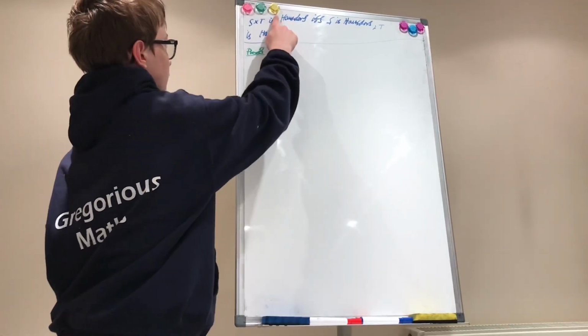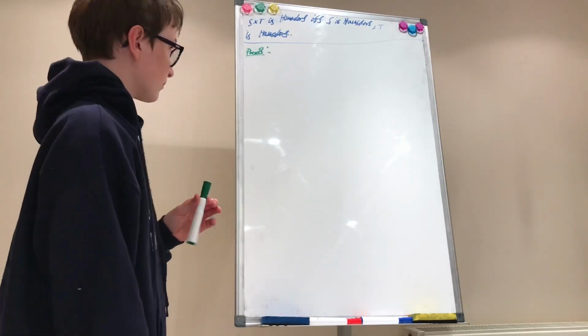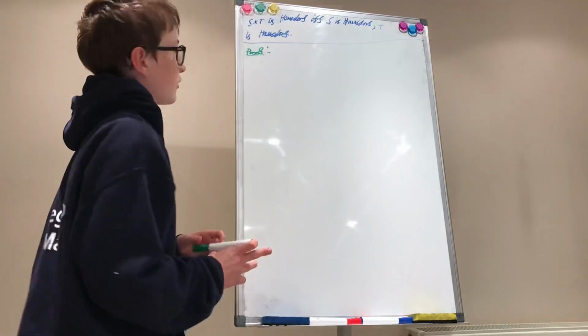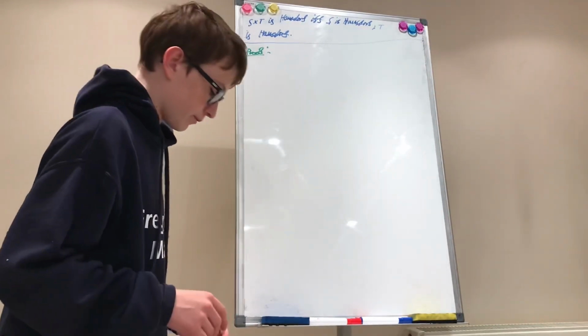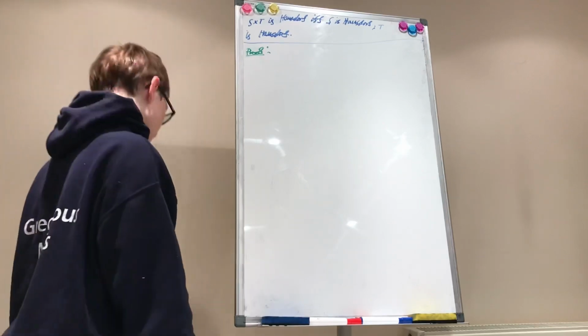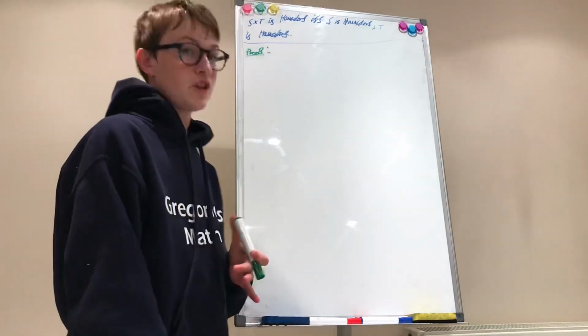And you can show for yourself that if S is Hausdorff and T is Hausdorff, then S cross T is Hausdorff. Okay, so I'm just going to show it for S, but again, the same argument can be used for T.